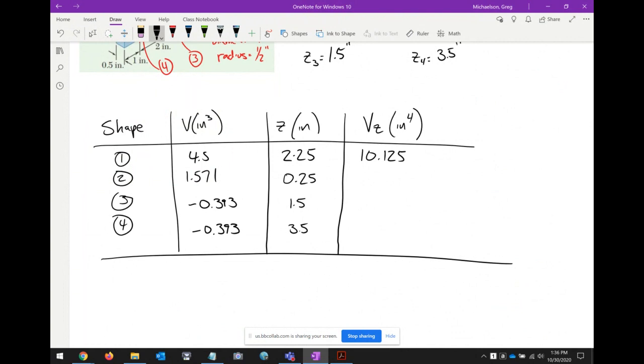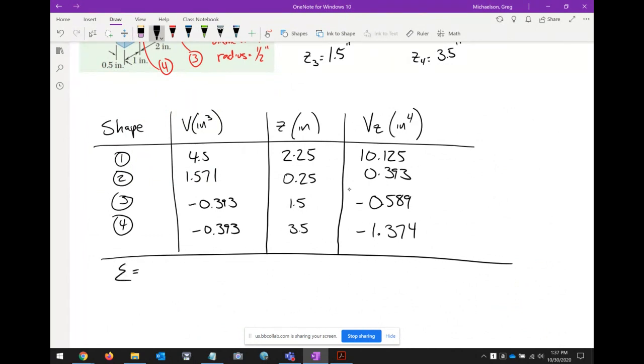I'm getting 0.393 here. And then this one times 1.5, negative 0.589. And then this one times 3.5, getting negative 1.374.